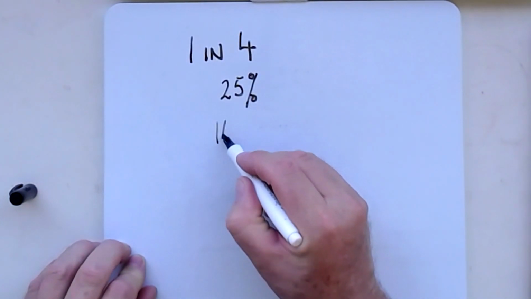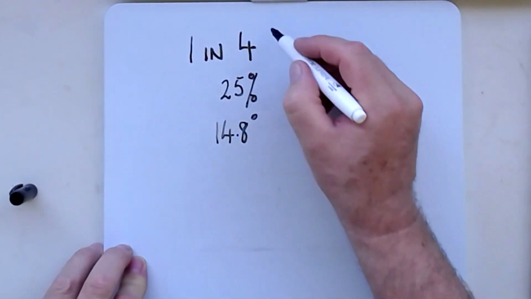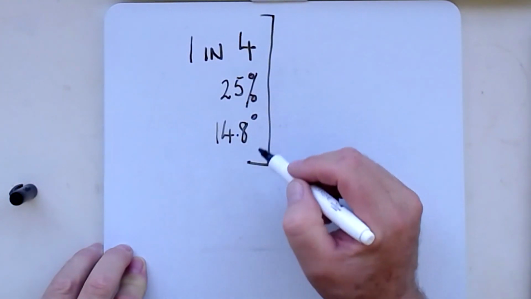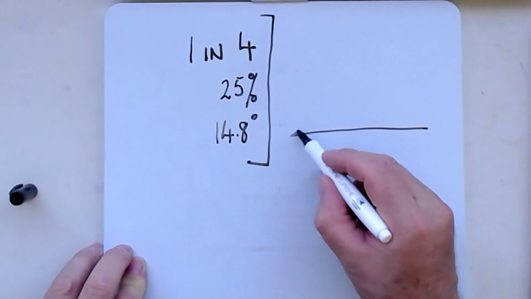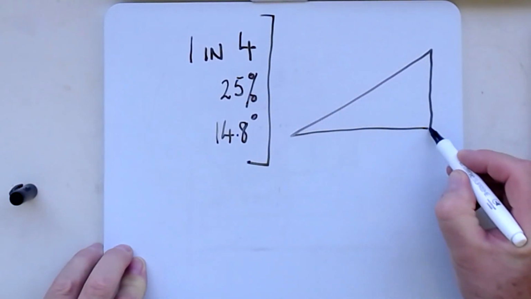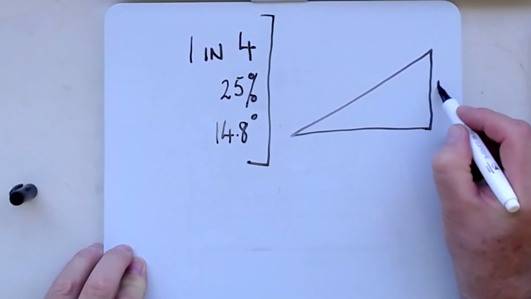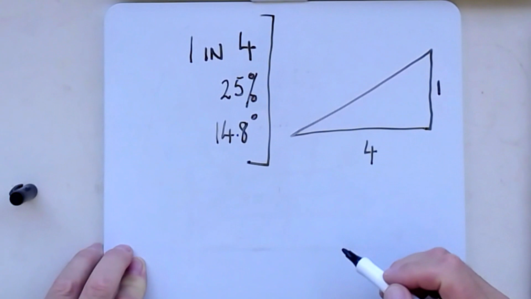Or you might say 14.8 degrees, I think it is. All of those are the same grade, and it all comes from a triangle that you might draw like that. Off the horizontal, 1 unit of rise for 4 units of run.